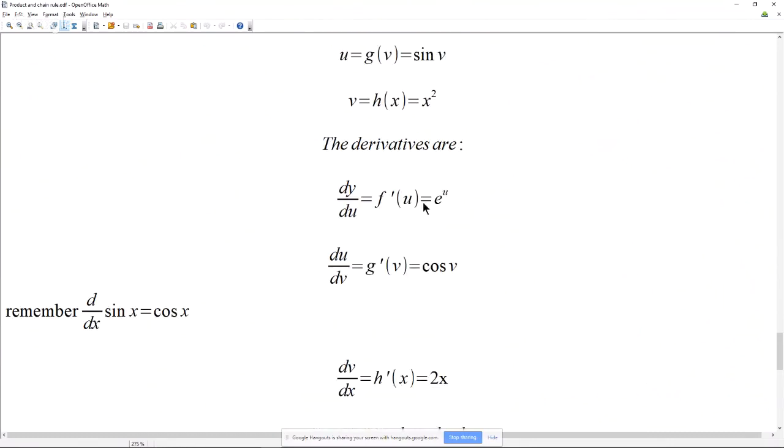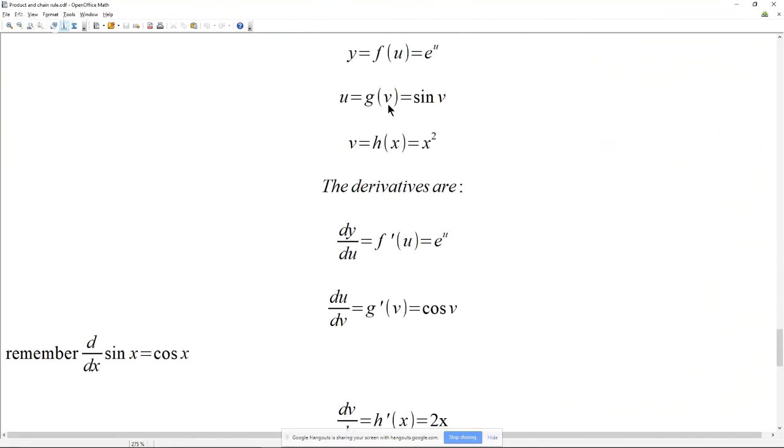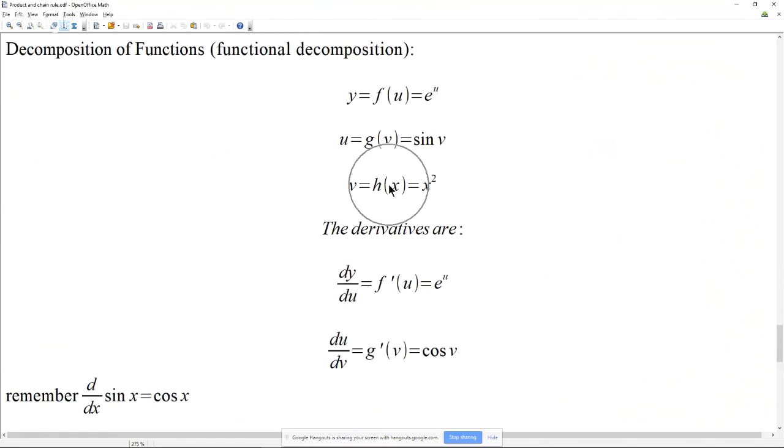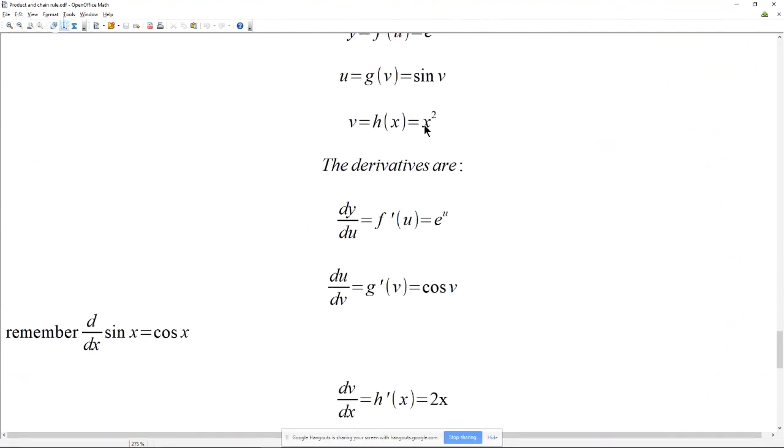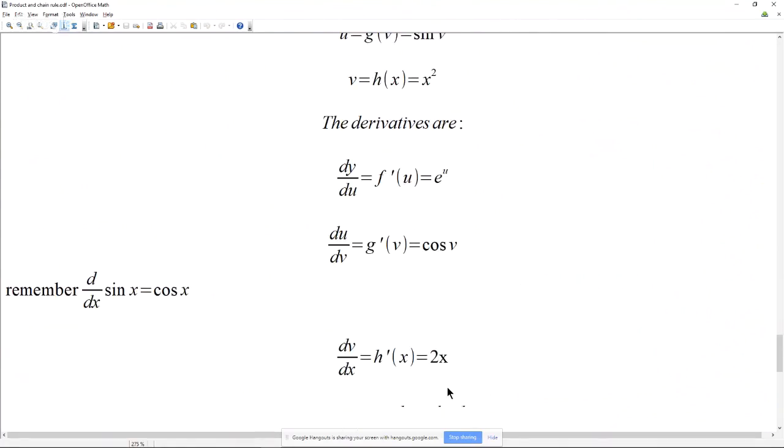So we've already got two of the derivatives down, correct? Yes. The derivative of v, which is the same as h of x, because we're working with three functions: f of u, g of v, h of x. What's the derivative of v now? 2x. So I have three derivatives I've gotten now.